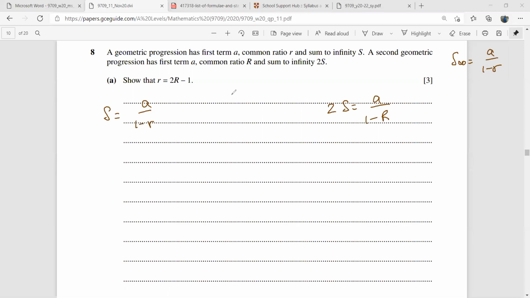Okay? So it says show that this r is equal to capital R minus 1. So I think we can replace S with this here. So this is 2 into A over 1 minus r. That is going to be A over 1 minus capital R. I can cancel this A with this A. So cross multiplication gives me 2 minus 2r.